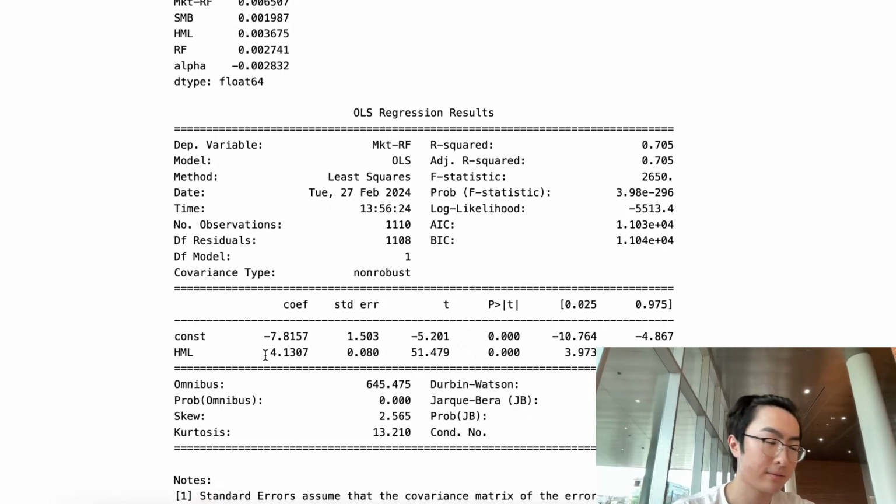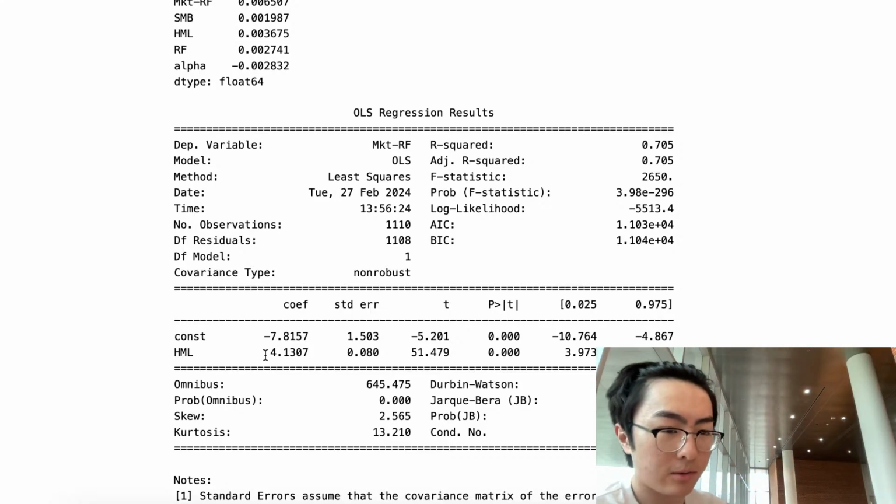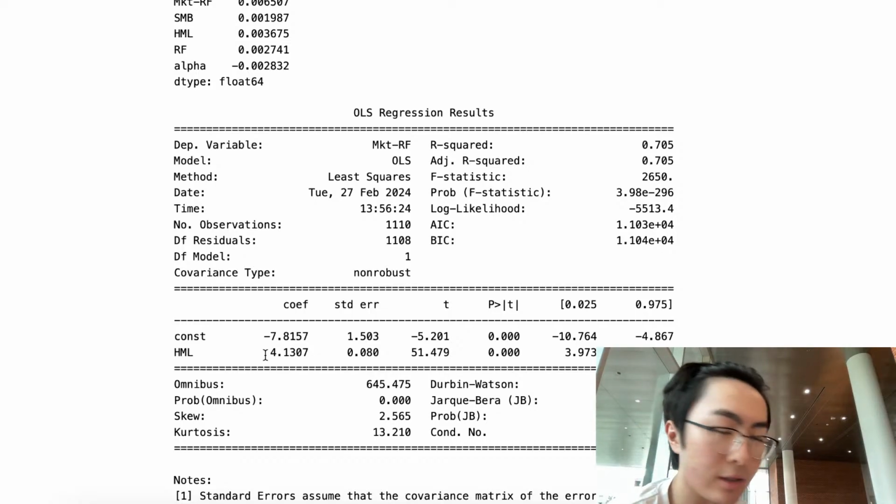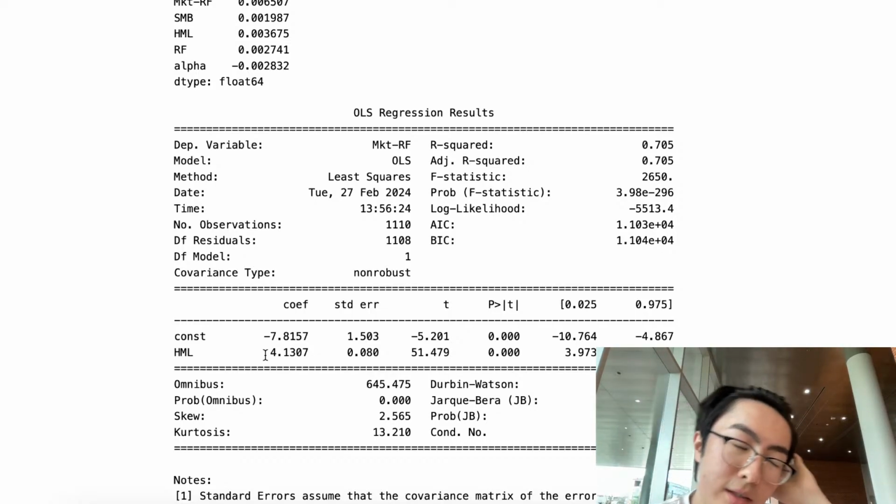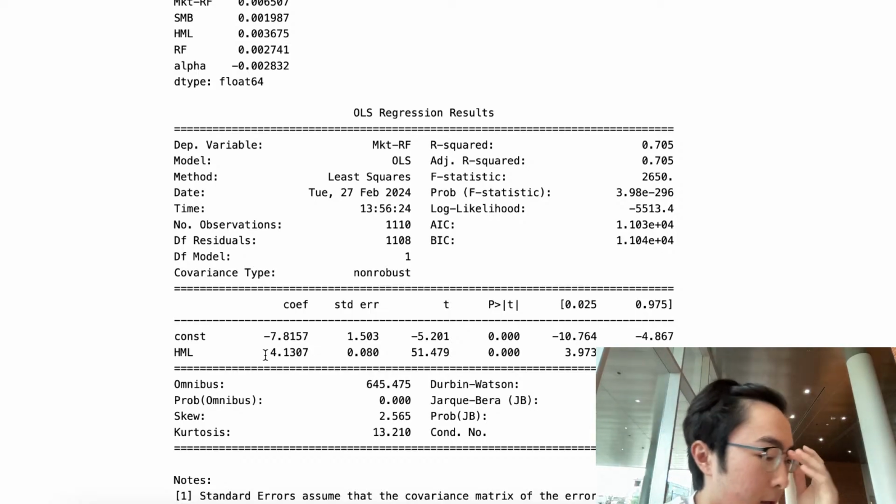But I'm not too sure if these are the right variables we should be using for the regression. I'm not entirely sure. I'm gonna think about it.